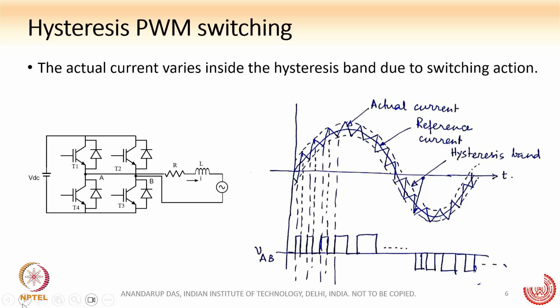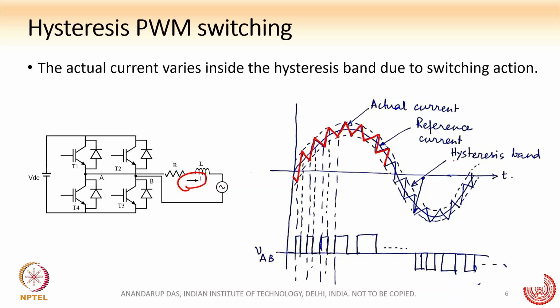Now, what are we doing here? Suppose the actual current here, this is the current which we want to control, is shown by this line. This is the actual current. And you can see here this current is being forced to be inside a band.